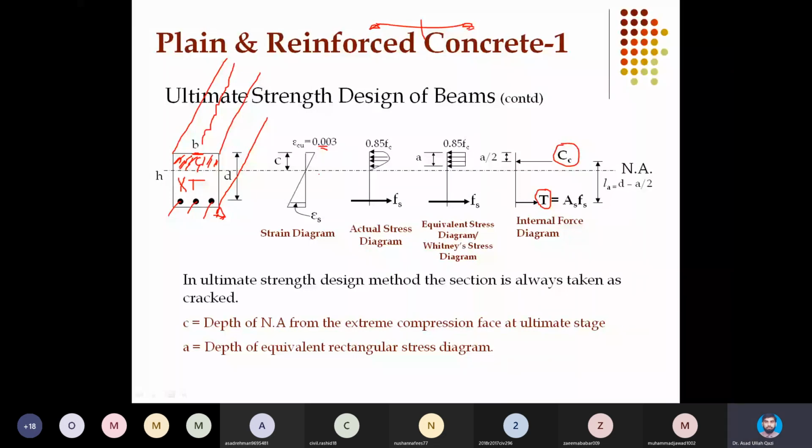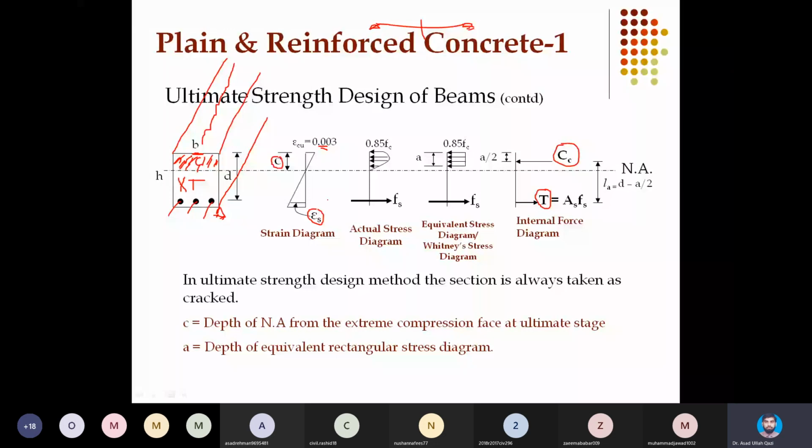So once this top fiber approaches 0.003, corresponding to that the neutral axis depth C and the strain in the steel bars at that stage when concrete approaches its crushing is very important.